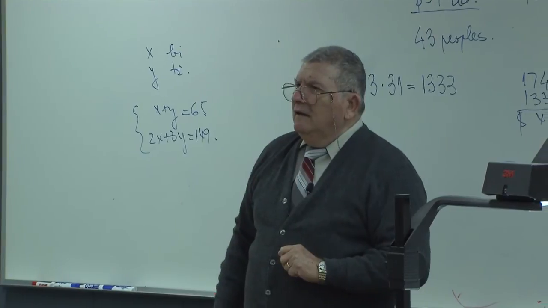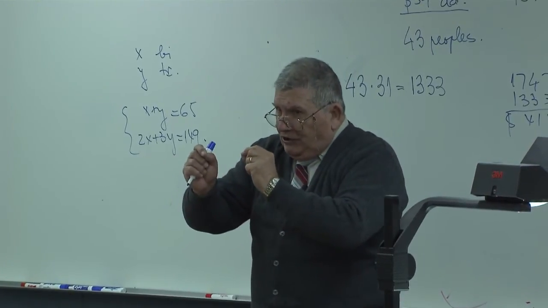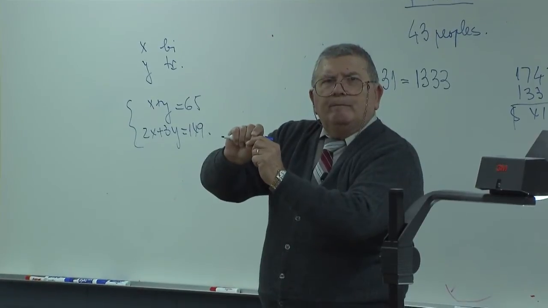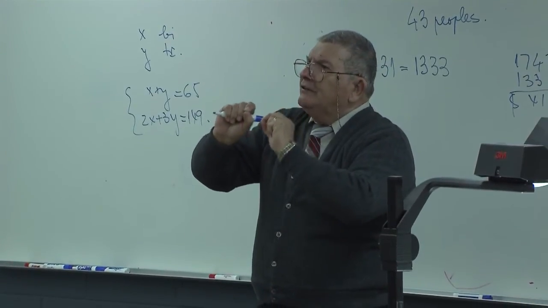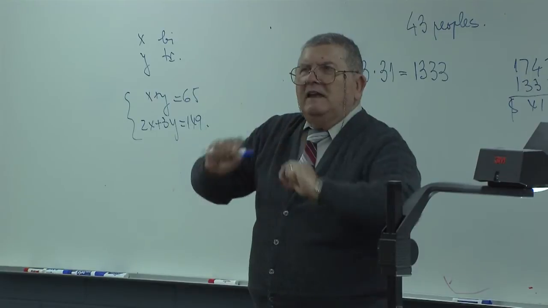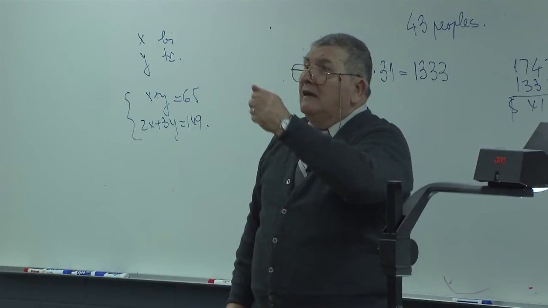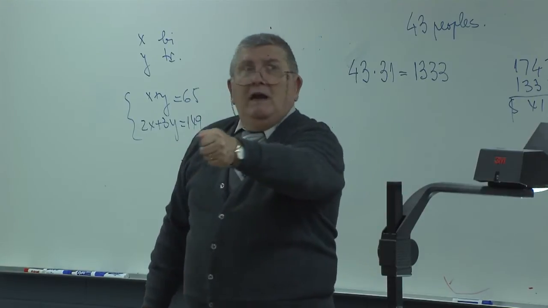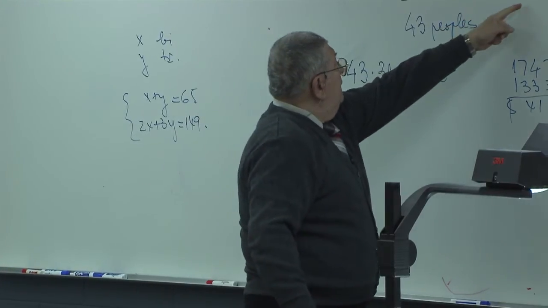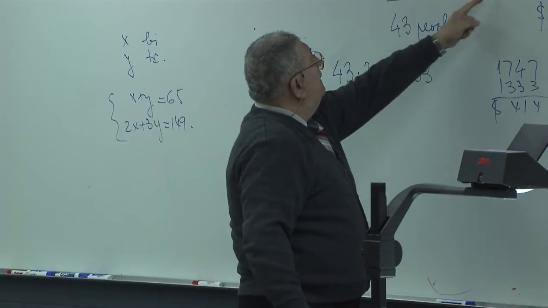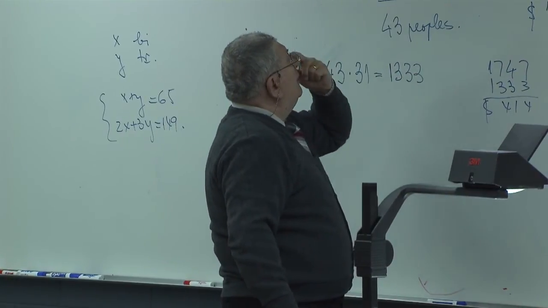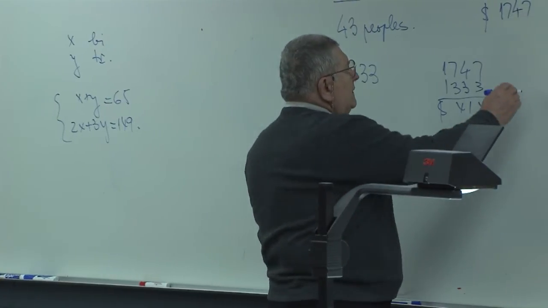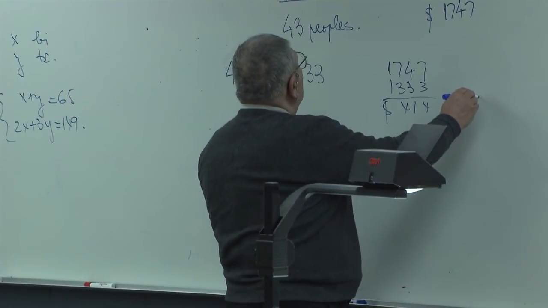If I'm changing a child with an adult in the bus, the number of persons remains the same, but the pay will increase from 31 to 54. What is that? $24. $23.